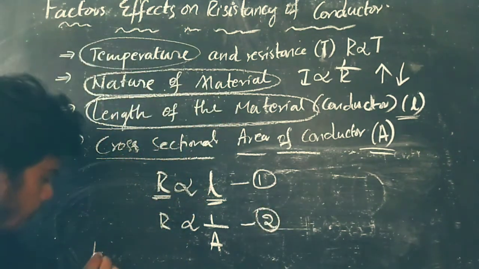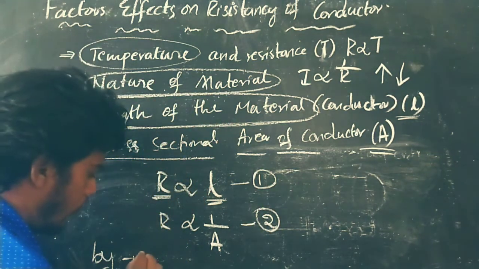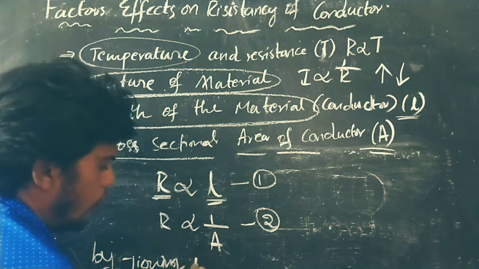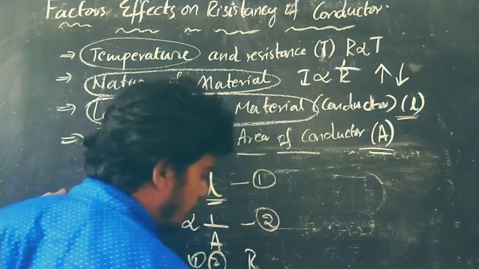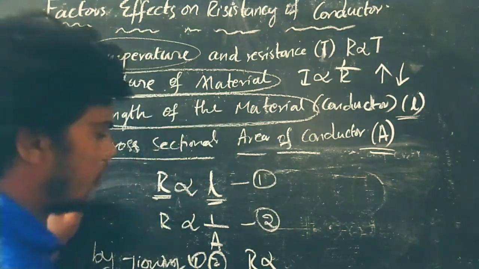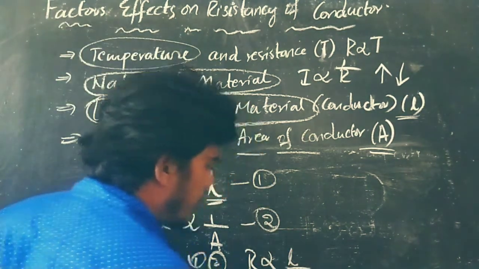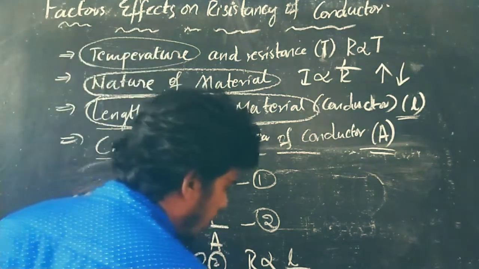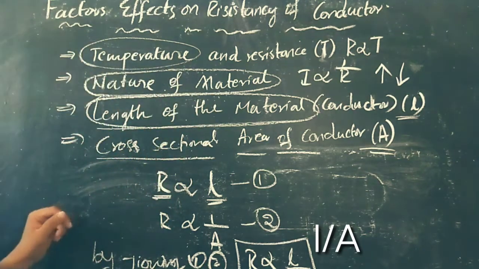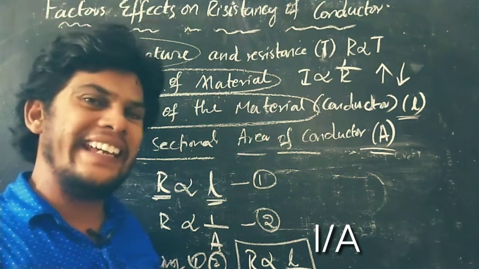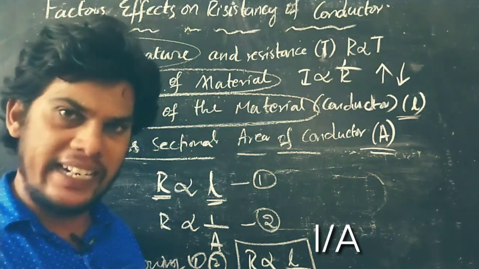By joining equations 1 and 2, resistance is directly proportional to the length L and inversely proportional to the cross-sectional area A. Now I am substituting a proportional constant here.